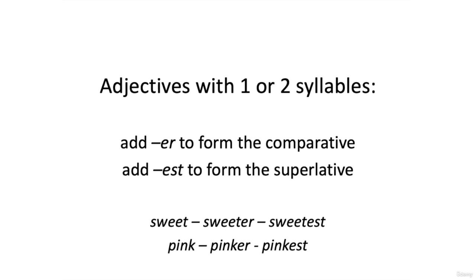Now, how we form the comparatives and superlatives depends on the number of syllables in an adjective. Generally speaking, for adjectives with only 1 or 2 syllables, we add the suffix er and use the word than to form the comparative.